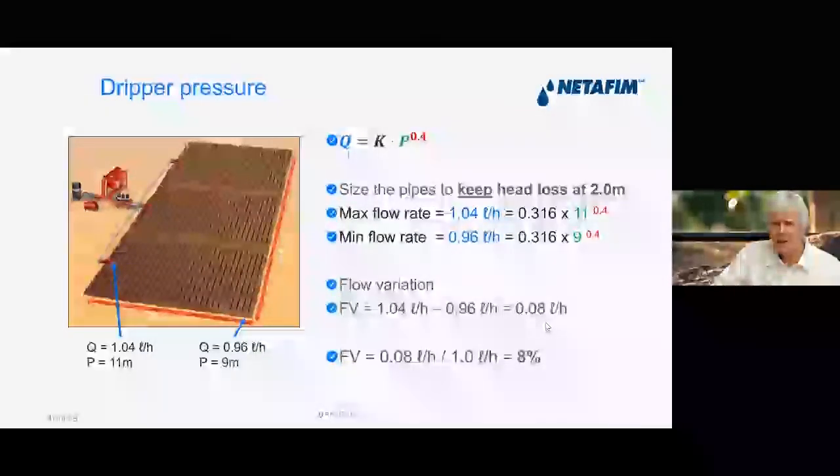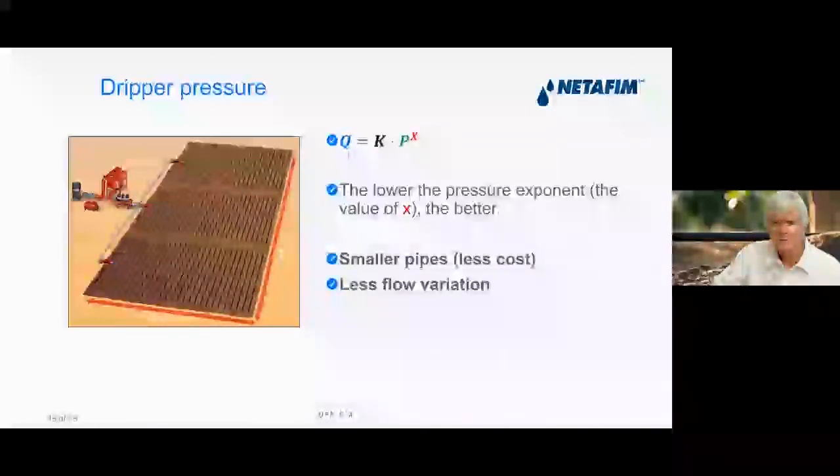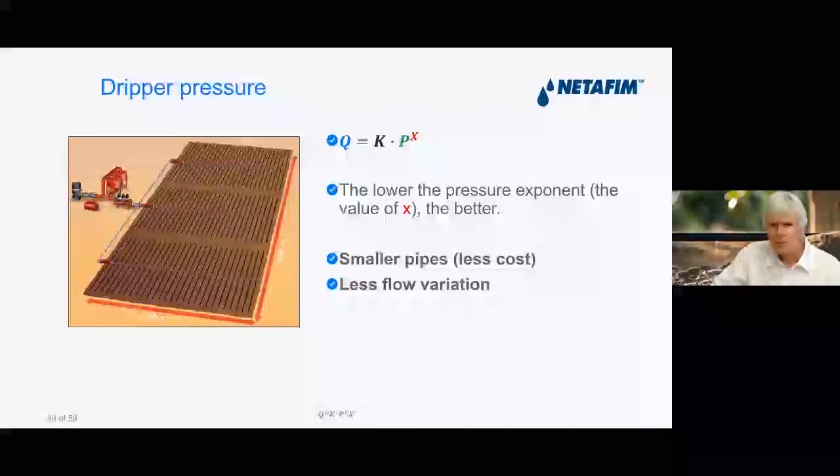So 0.08 liters an hour divided by 1 liter an hour, our nominal flow rate, is only 8%. Okay, so we reduce it from 10% down to 8%. Those 2 percentage points actually account for a 20% improvement in flow variation. So the lower the pressure exponent, the better. We have smaller pipes, less cost, and less flow variation.